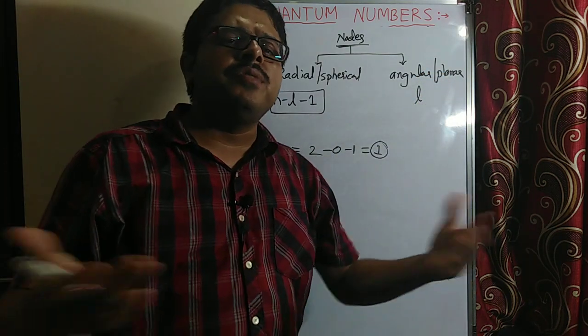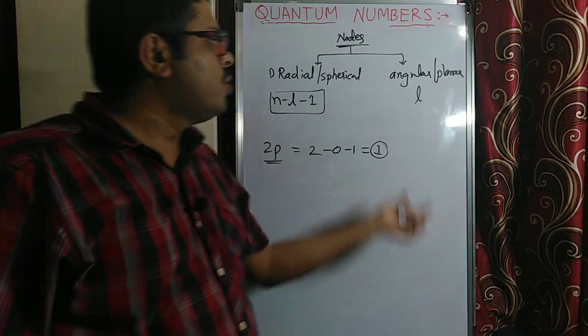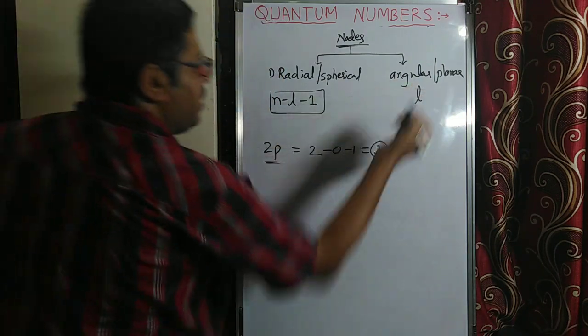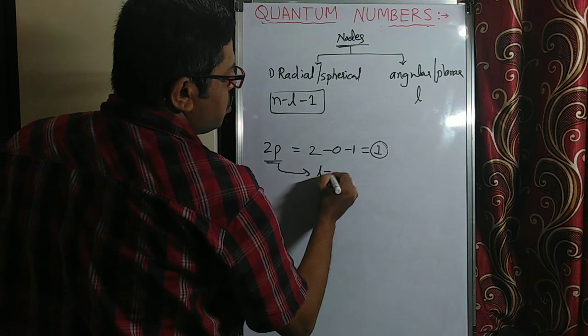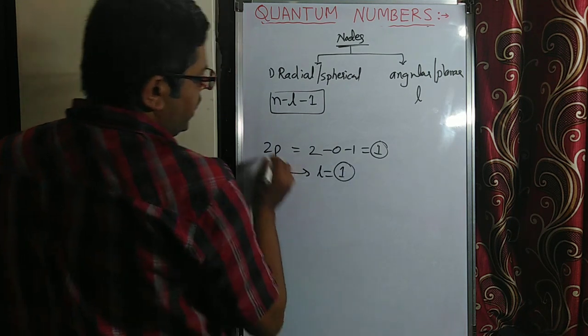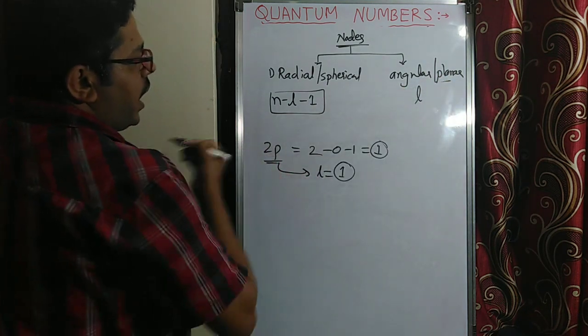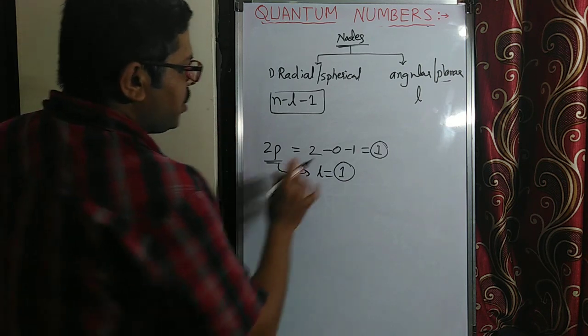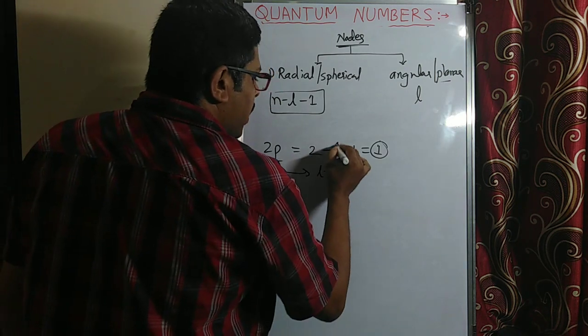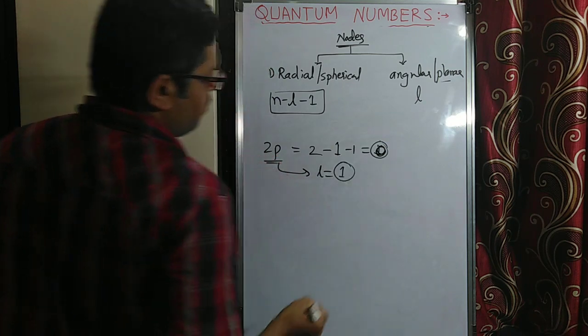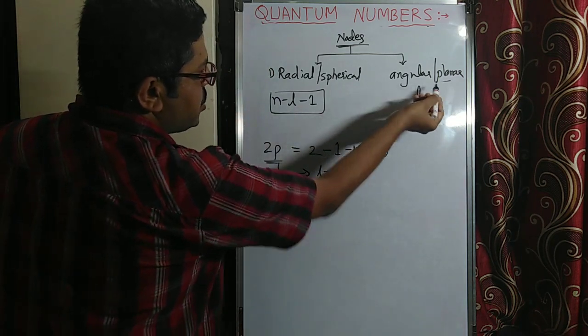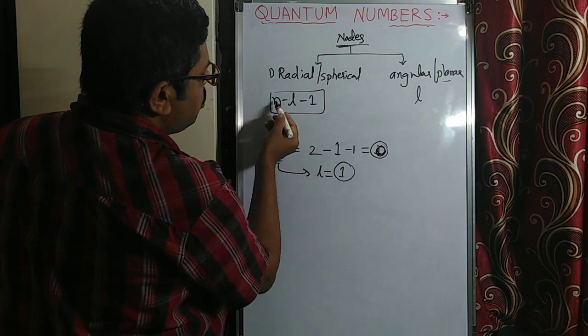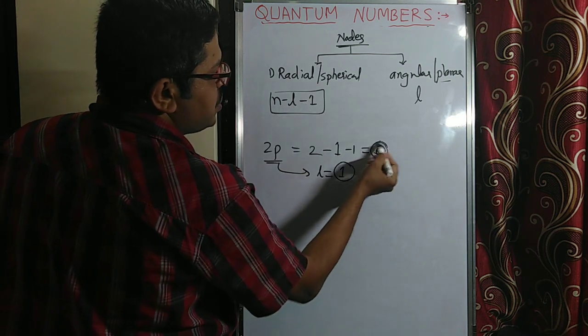Remember, n value 2, 3, 4, 5, 10, 20, 100, it will never be different. So for P, L is equal to 1, so 1 is the angular planar node. For the s orbital, L is equal to 0, so 2 minus 0 minus 1 is equal to 1 spherical node.